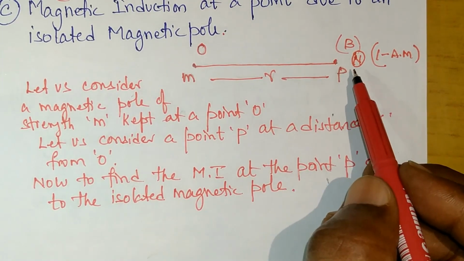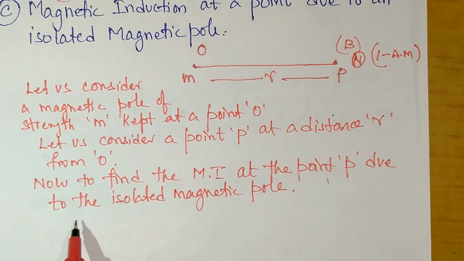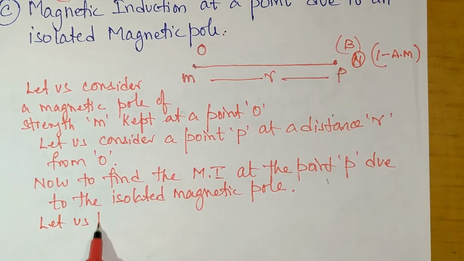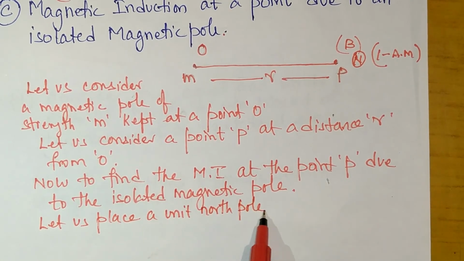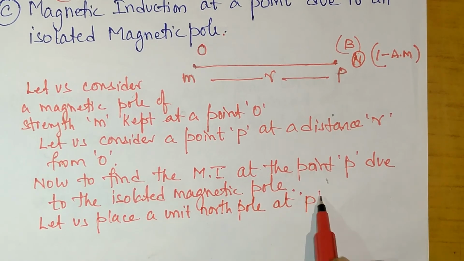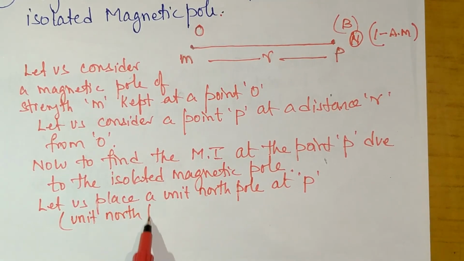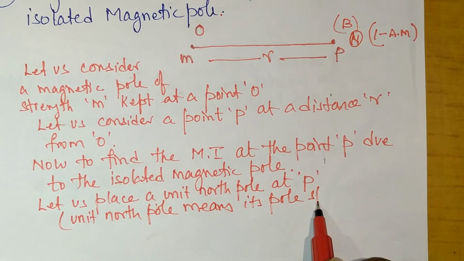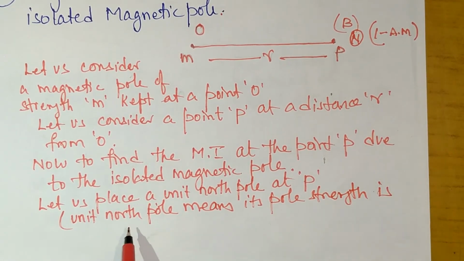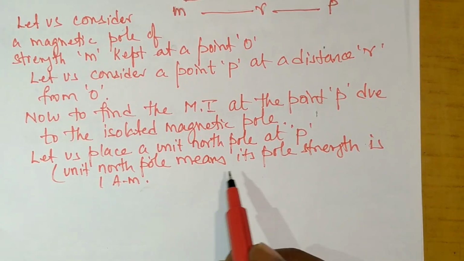So let us place a unit north pole at P. Unit north pole means its pole strength is 1 ampere meter.